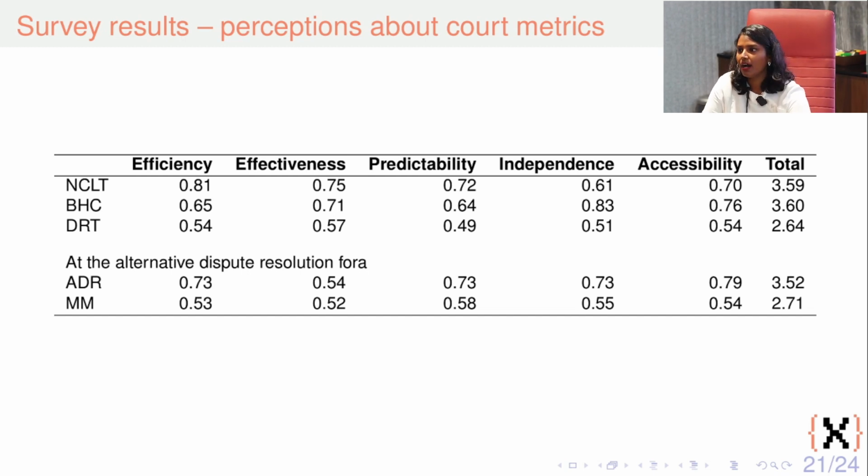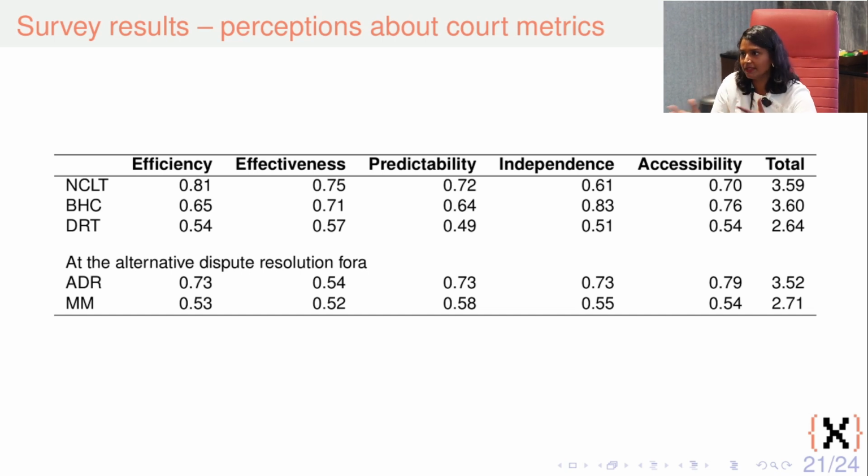So if you are a litigant, if you are a debtor, and you have a bias that DRT, taking care of matters under the SARFAESI Act, might be more creditor friendly, and NCLT scoring the least on independence maybe also more creditor friendly, then you would probably choose the one which you think will hear your matter unbiasedly, and that would be the Bombay High Court.